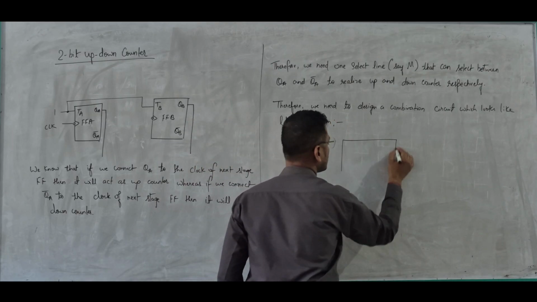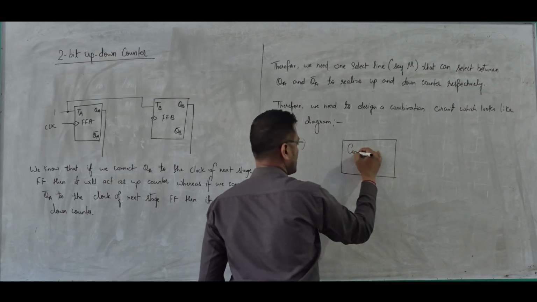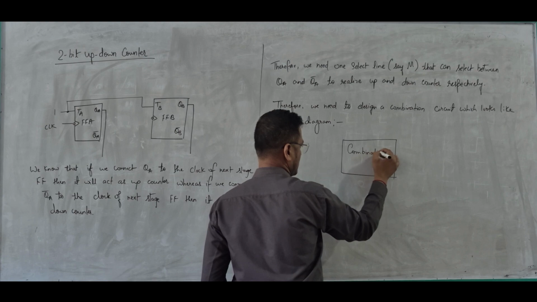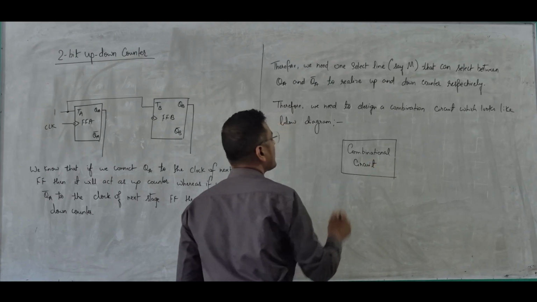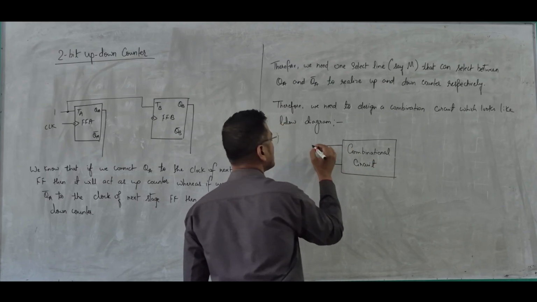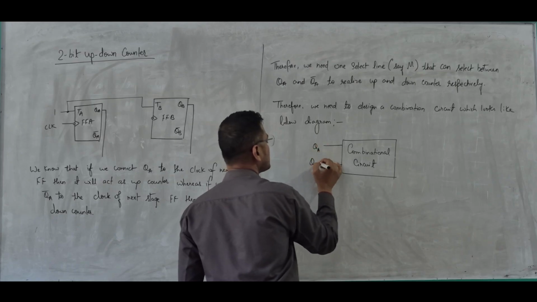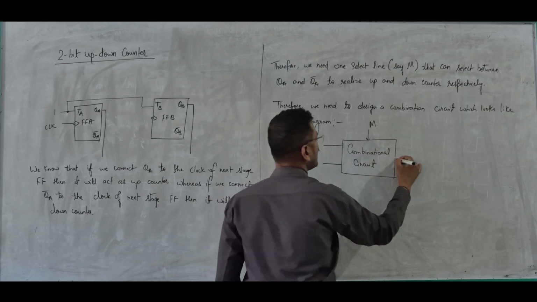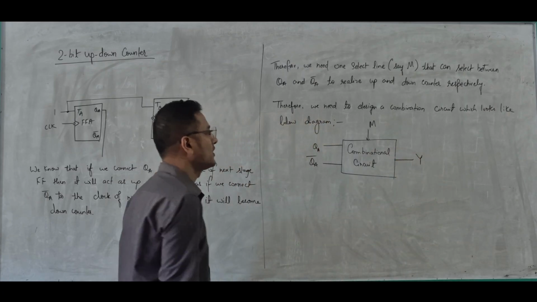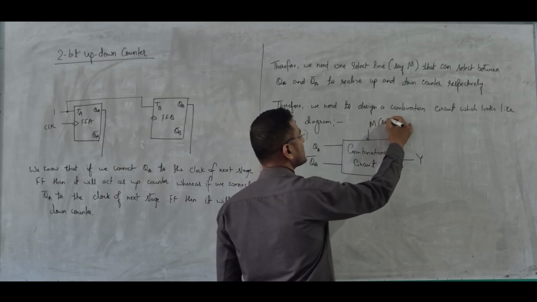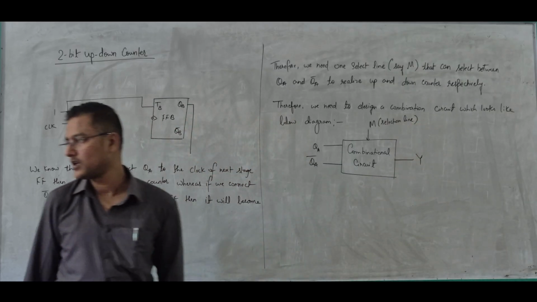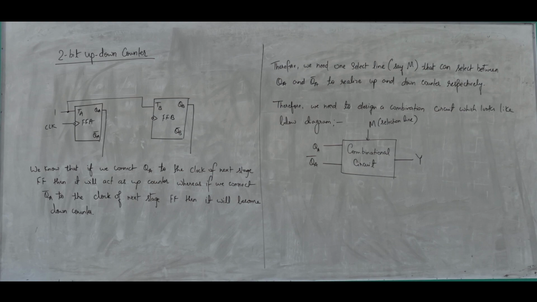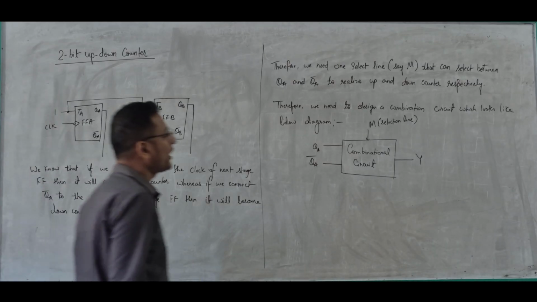It is a combinational circuit where we have two inputs, QA and QA complement, and one selection line that is M, and one output Y. And what about Y?